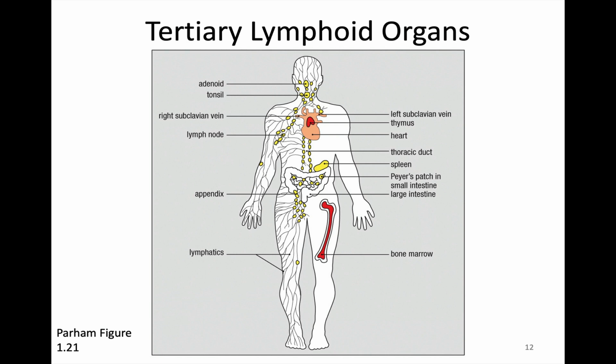A tertiary lymphoid organ is a place where an immune response can happen. It's a place where you're actively having an immune response. So what are some organs that might be a tertiary lymphoid organ? Where you might have a microbe to respond to.